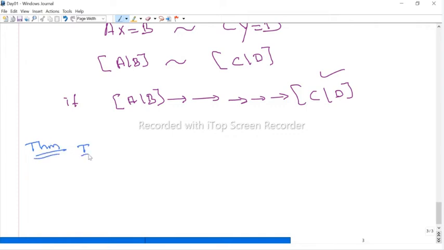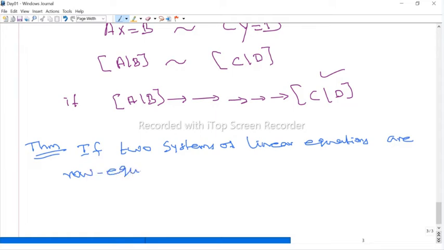If two systems of linear equations, or their augmented matrices, since from a system we can convert to an augmented matrix, are row equivalent, then both systems have the same set of solutions.